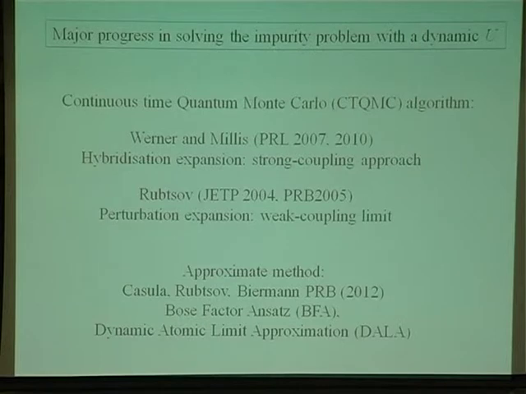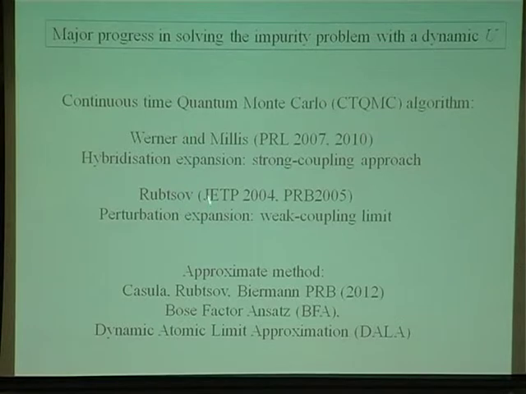Recently, there has been a very important advance in solving the impurity problem with a dynamic U. As we mentioned, in this GW+DMFT scheme the Hubbard U becomes a frequency-dependent quantity, so one would like to solve the impurity problem also with a dynamic U. A number of years ago it became possible, with the work of Philipp Werner and Andrew Millis, and also of Rubtsov.